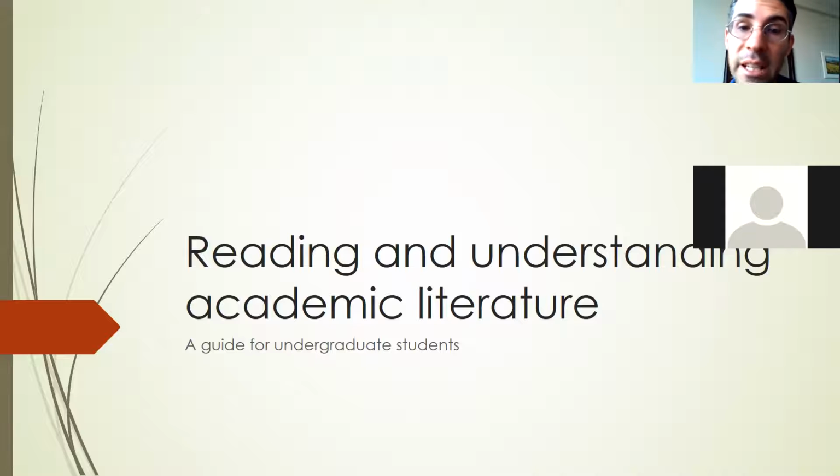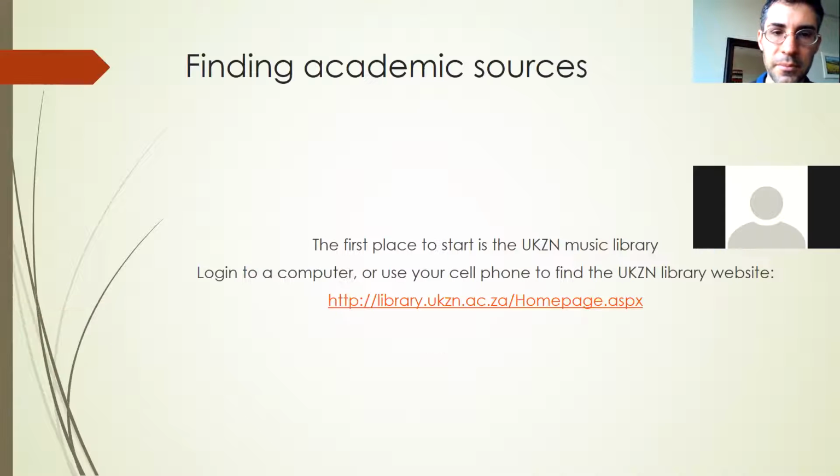So today we're looking at reading and understanding academic literature. Now, when you are reading or preparing for any kind of essay or research, which you will be doing through your academic career here at UKZN, where do you find information that is going to be helpful for you as you write your essay or write up your research?